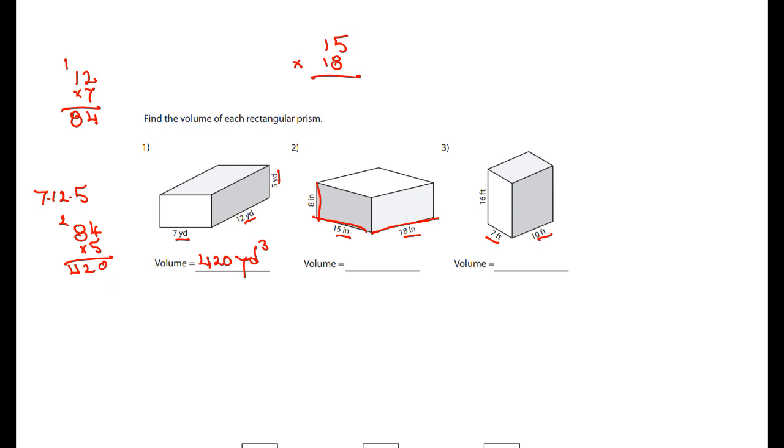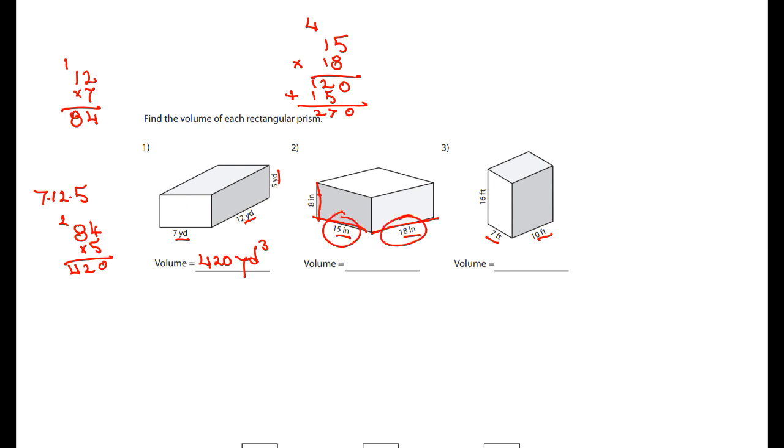That's 40. 0, carry the 4. 8 times 1 is 8, plus 4 more is 12. 1 times 5 is 5. 1 times 1 is 1, and we've got to add them up. 0, 7, 2, 270. So that's 15 times 18.